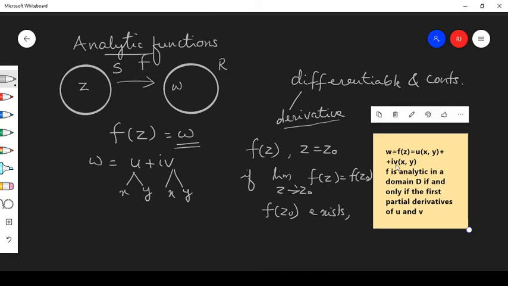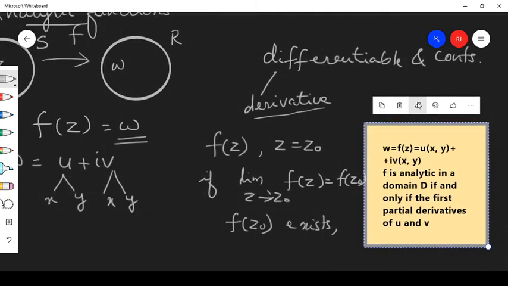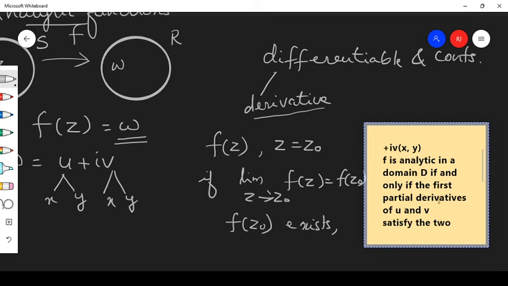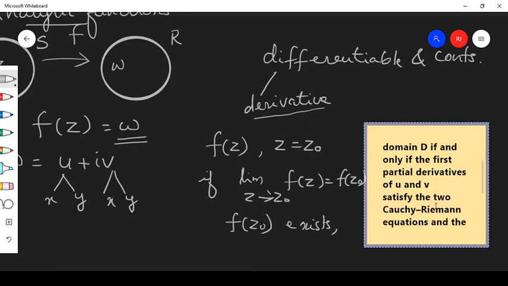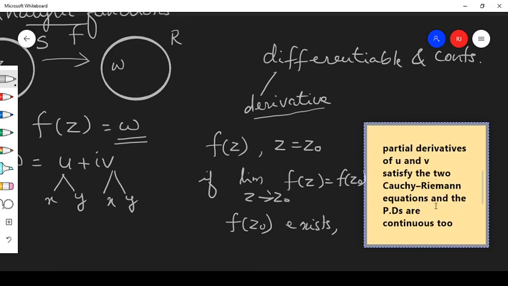Then, w equal to f of z is analytic in a domain D if and only if the first partial derivatives of u and v satisfy the Cauchy-Riemann equations and the partial derivatives are continuous too.